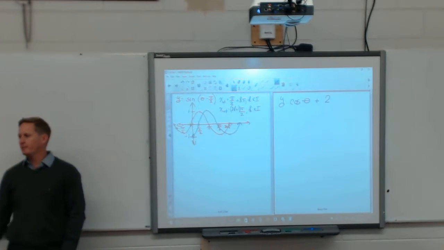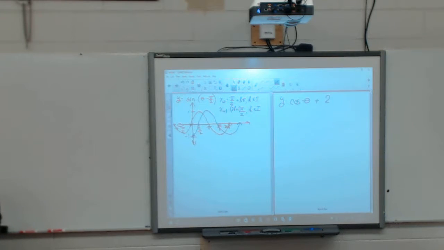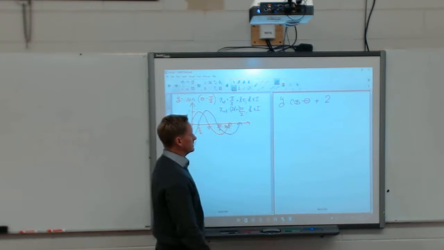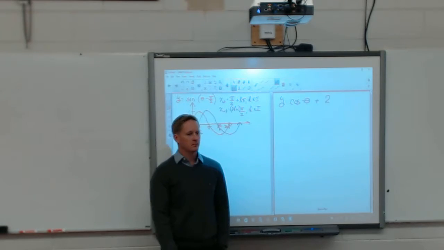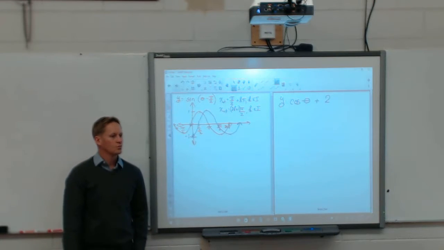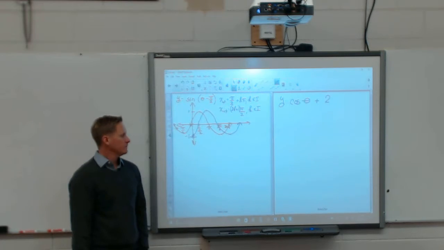y equals cos theta plus 2. Okay? What translation takes place now? Go ahead. Where's it go? Up 2. Okay?